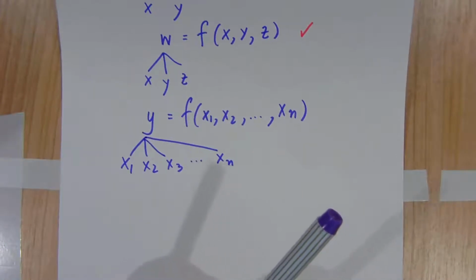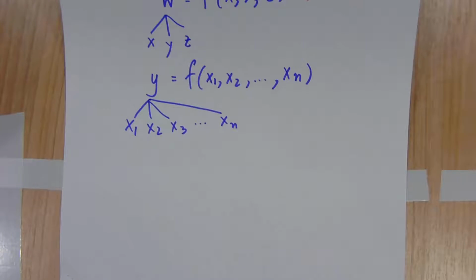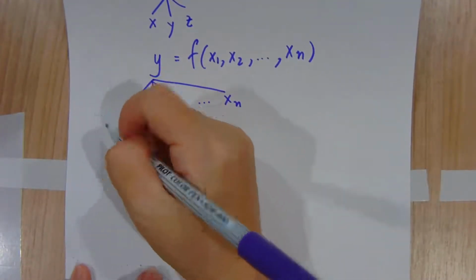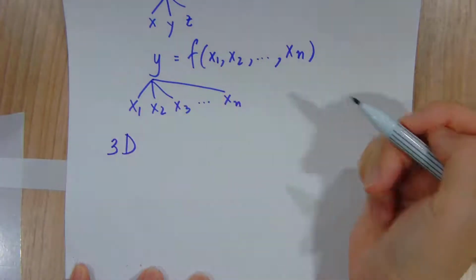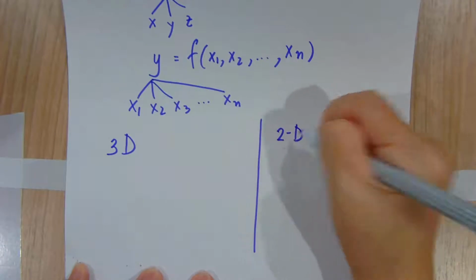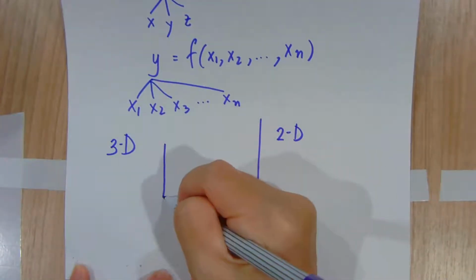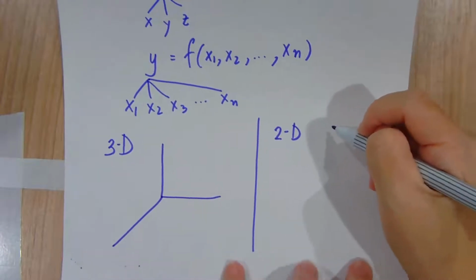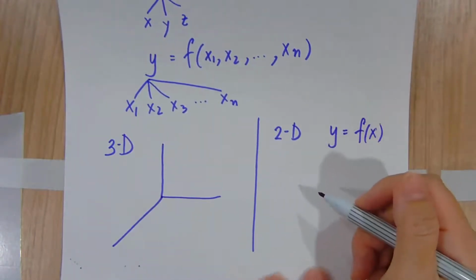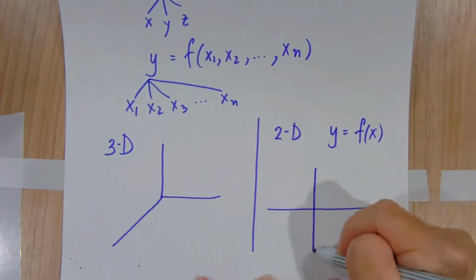So, let's see. From the last chapter, we will talk about the 3-dimensional space, in 3D. And then compare to calculus 1, in 2D. So when we talk about functions of a single variable, we plot the domain of the function on the x-axis.